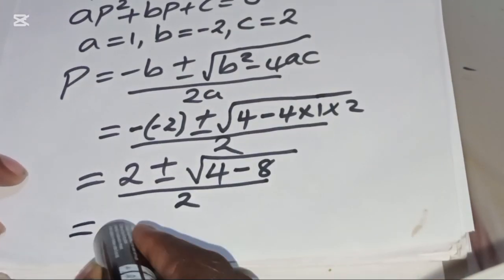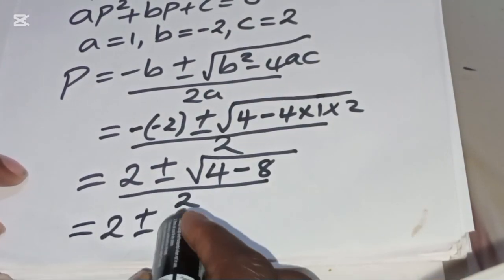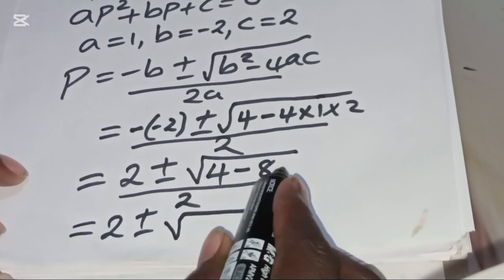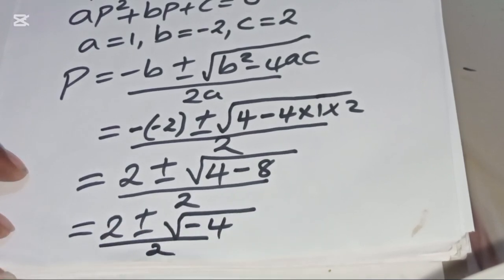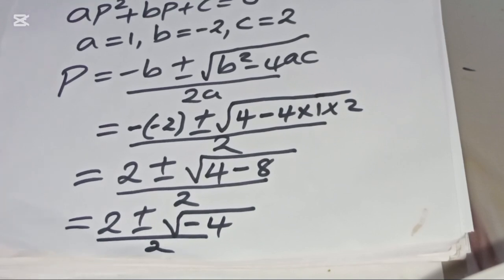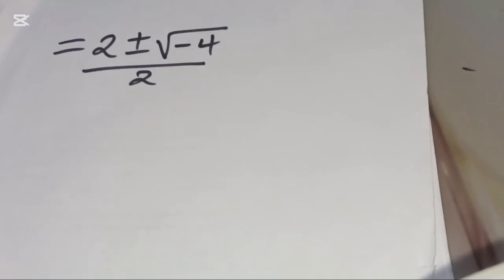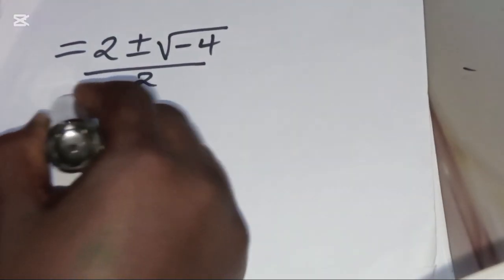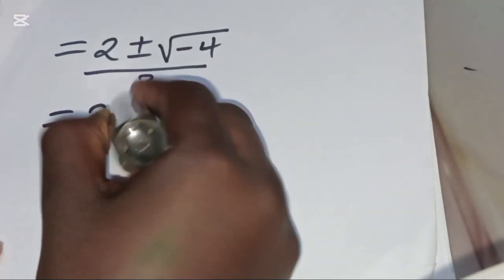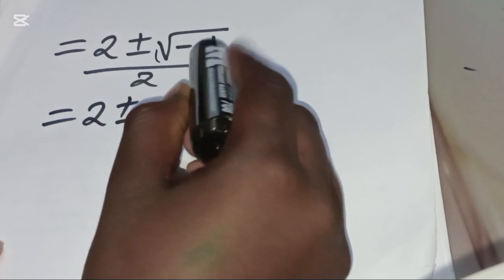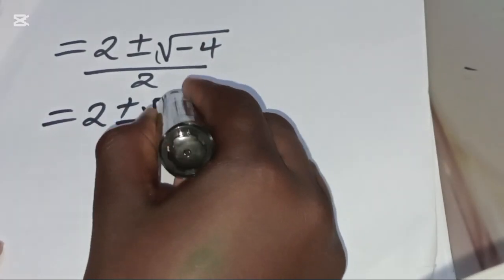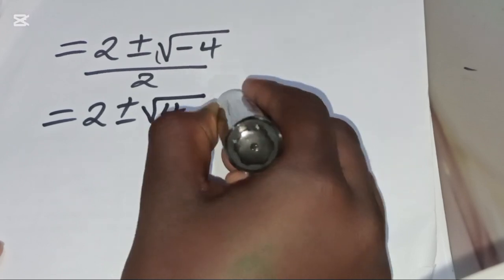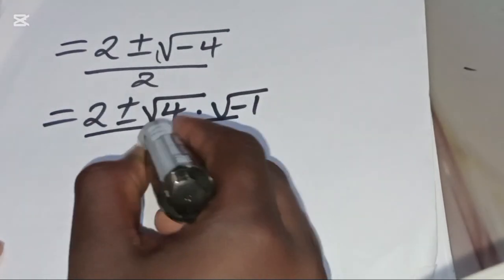And that means that we'll have 2 plus or minus the square root of 4 subtract 8. This is -4 divided by 2. Okay, let's proceed. So we have 2 plus or minus the square root of -4 divided by 2. Now the square root of -4, we can express this as the square root of 4 multiplied by square root of -1 divided by 2.